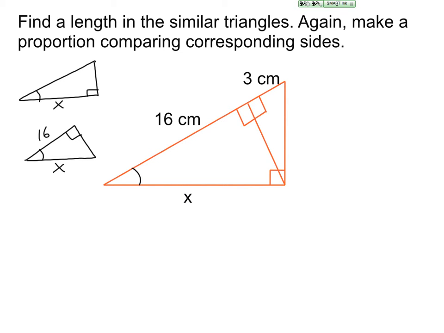16 on the medium-sized. On the big triangle, you got a 19. Because this hypotenuse of the big triangle is a total of 16 plus 3. So this is my big triangle, this is my medium triangle.